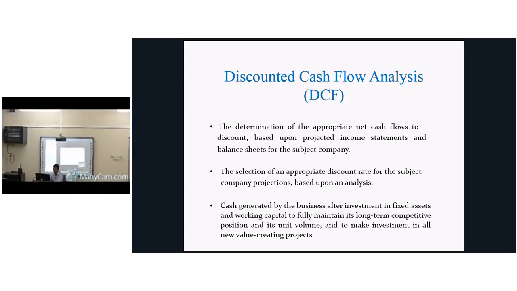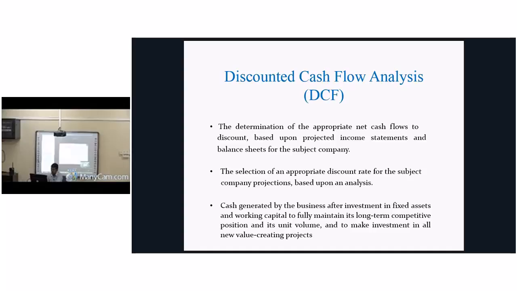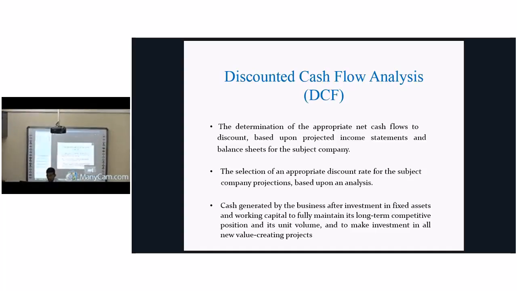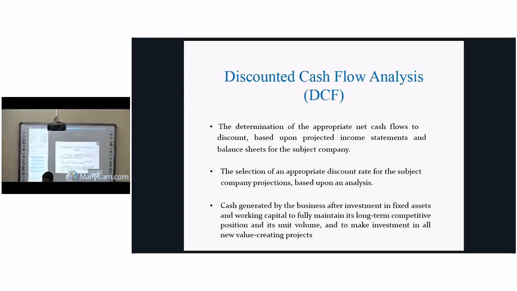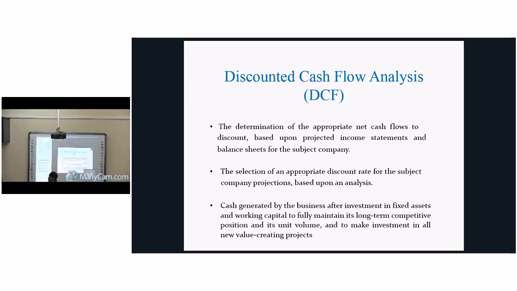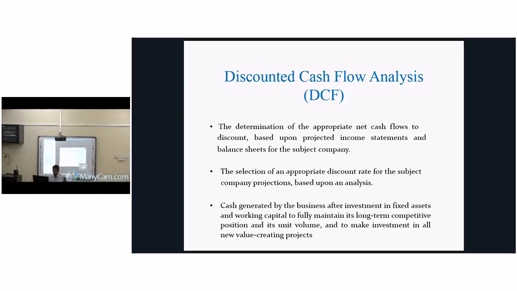Now in the previous one we take the expected dividends, but some companies do not pay dividends, so it's not fair to take only dividends. So therefore what we take is the cash flows instead.